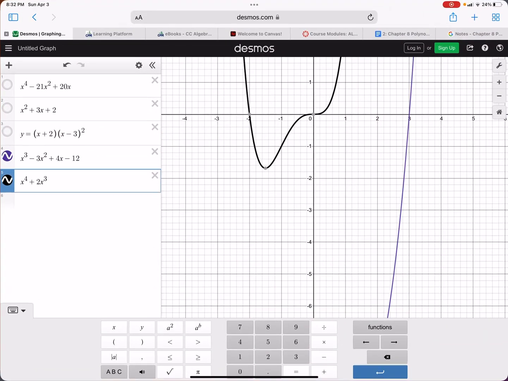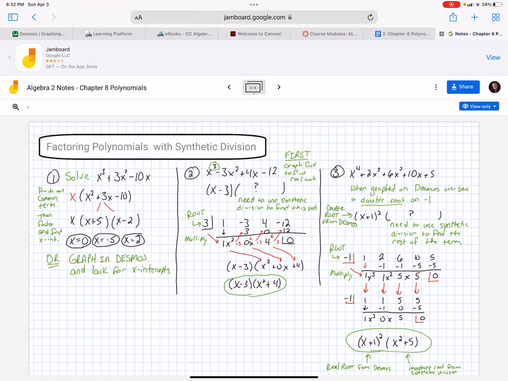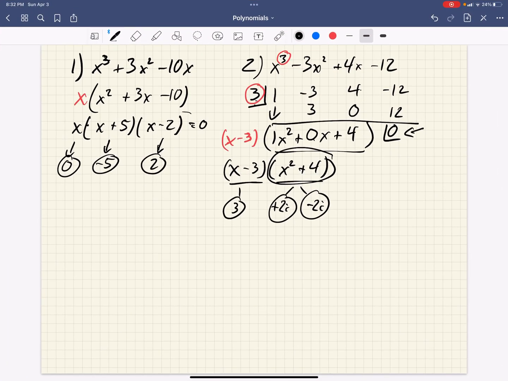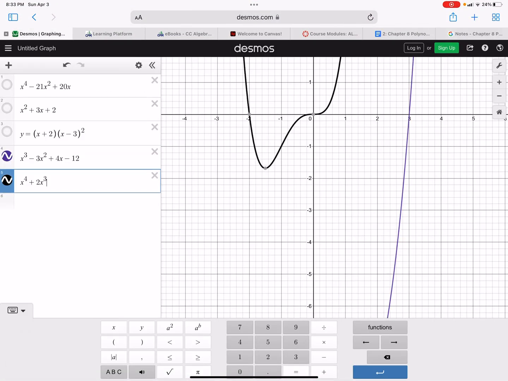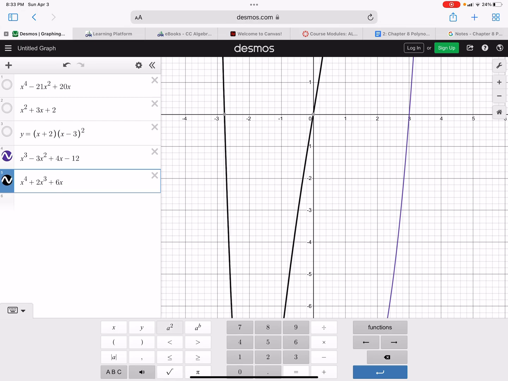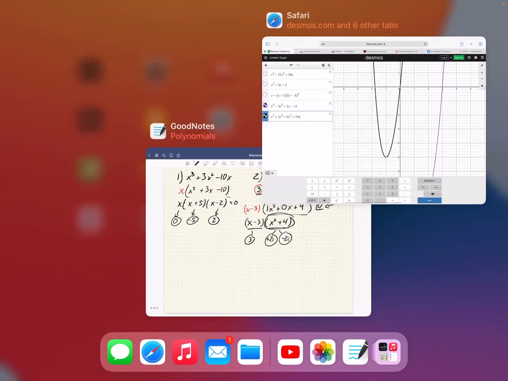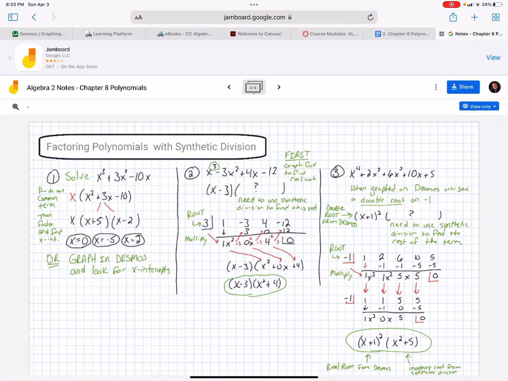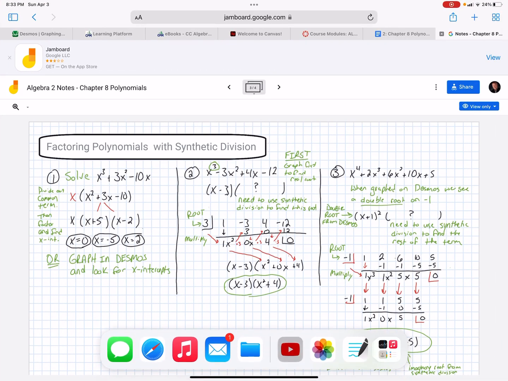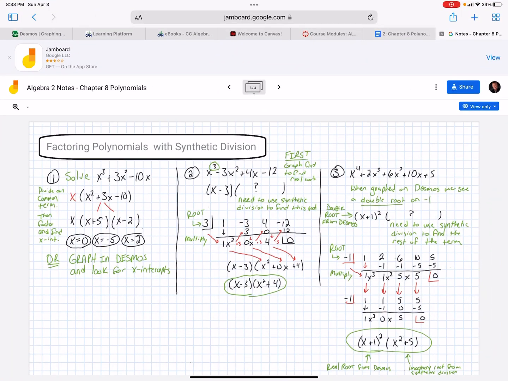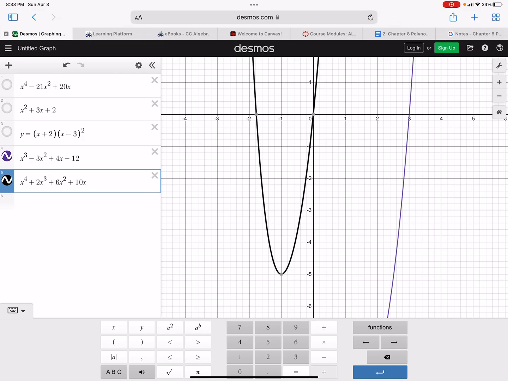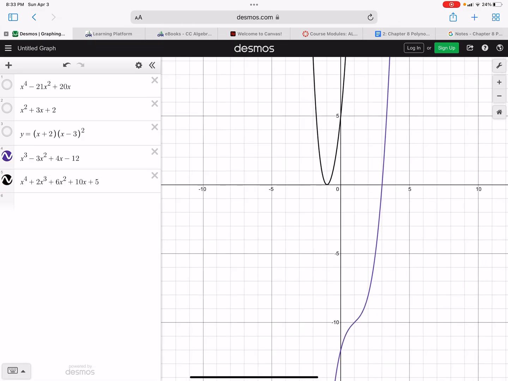I think I screwed it up already, but that's okay. 2x cubed, plus 6x squared plus 10x. What's the last part? Plus 5. I keep doing that. Plus 5. Okay. Sorry, y'all. It's late. Plus 5. Okay, so this is what we see.